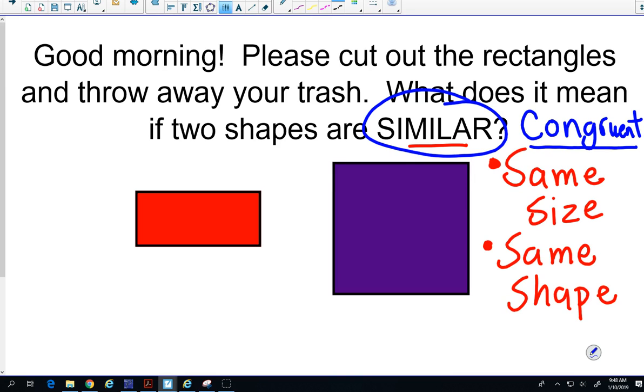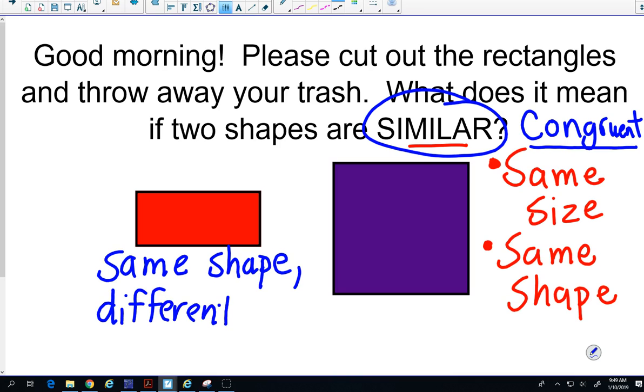She's close to it. Kendra? Okay, so she's telling me her definition for similar would be that it has the same shape, but it has a different size.